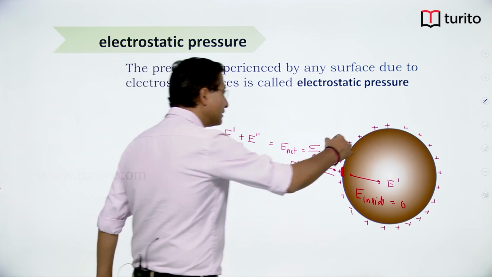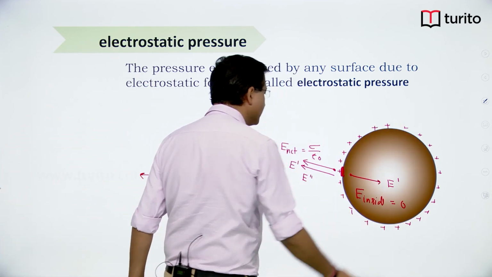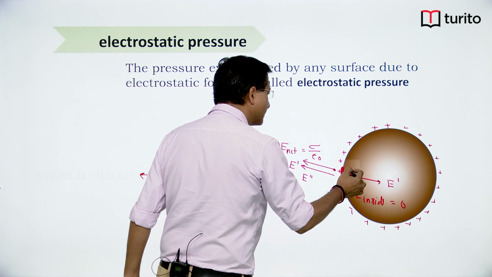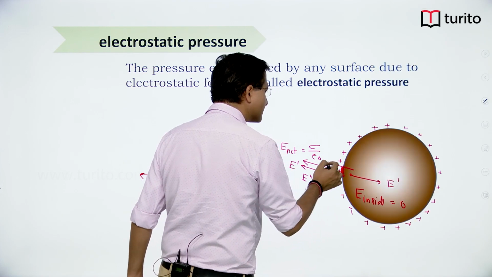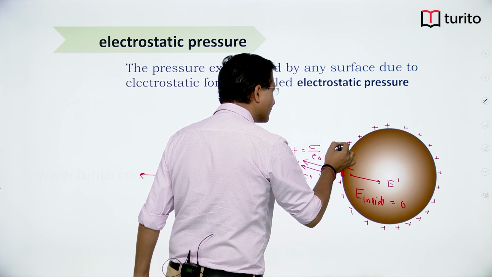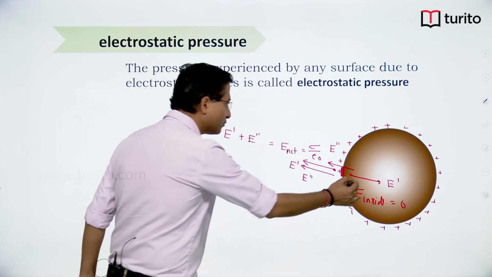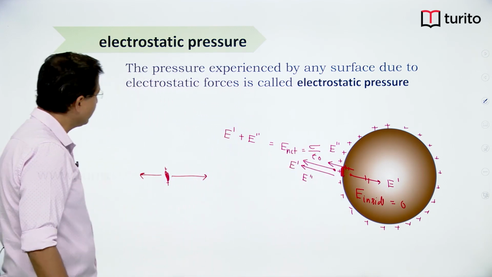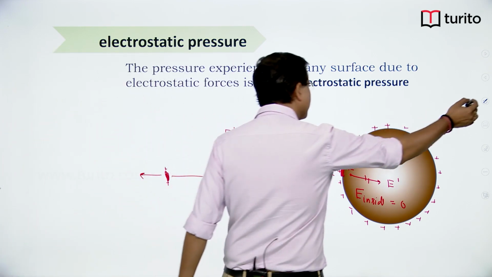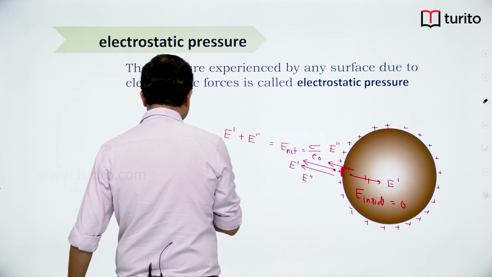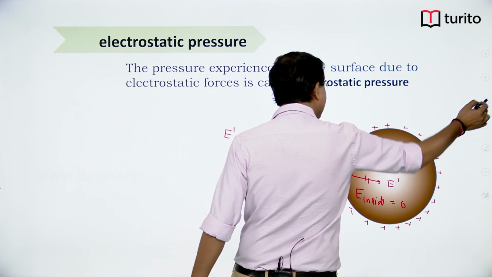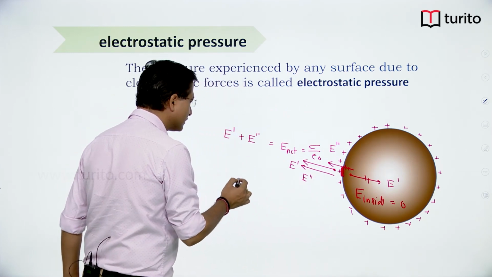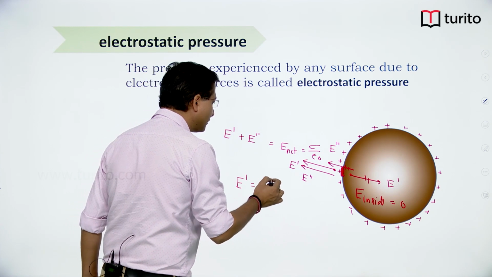Now, what I am saying is this and this must get cancelled inside. This is producing field E double dash here. So just inside, these two must cancel each other. To cancel each other, their magnitude has to be the same. So for the inside to be 0, their magnitude must be the same. From inside I can conclude that E dash must be equal to E double dash.